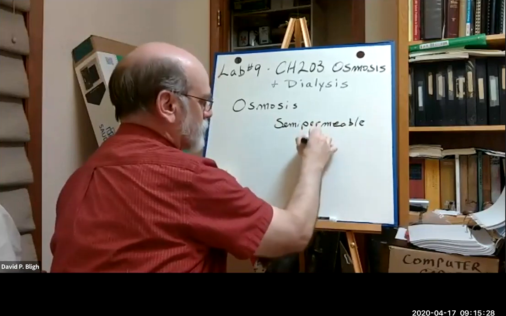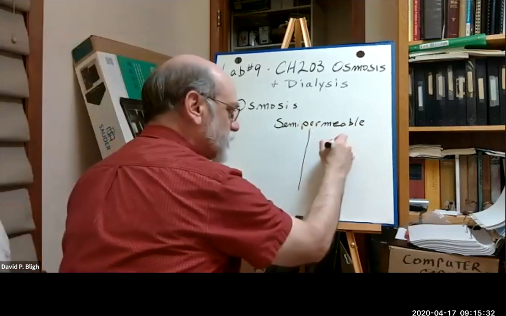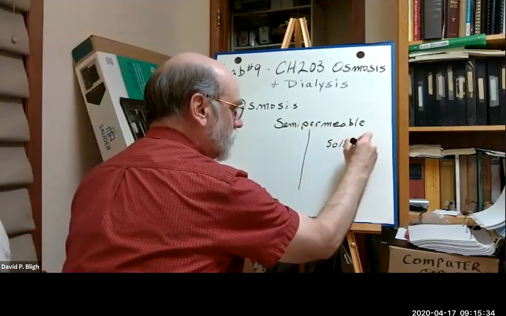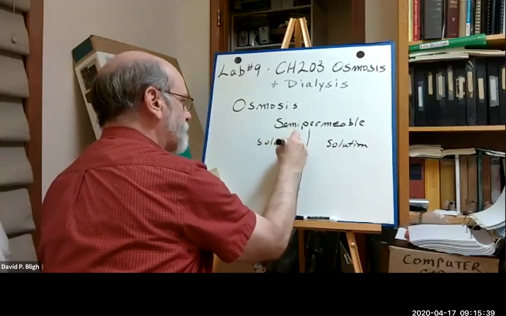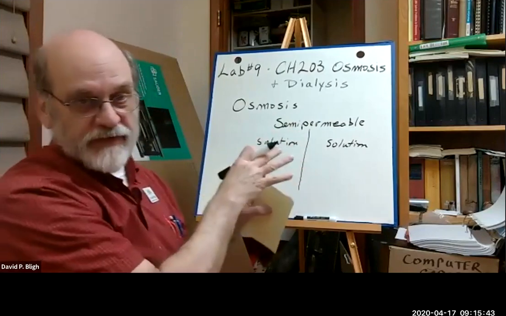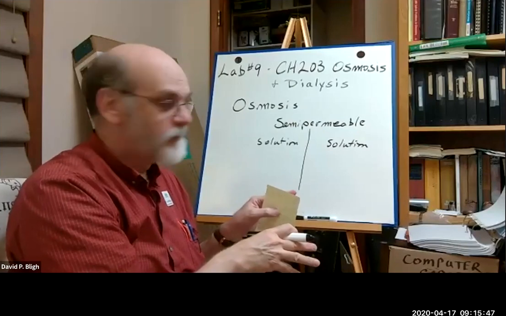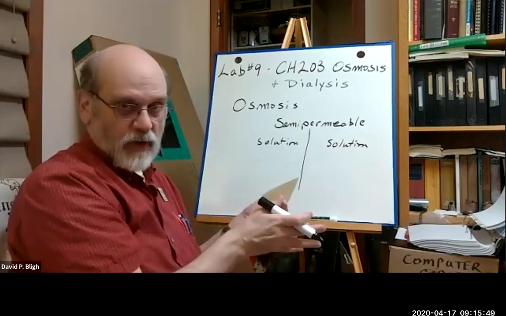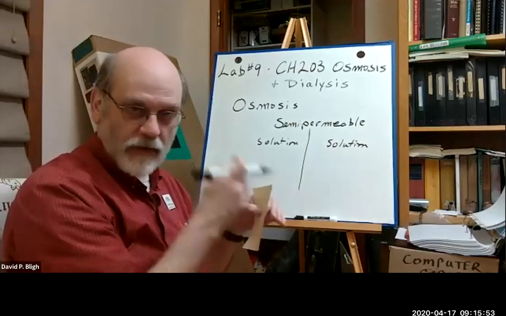On one side you have a solution, and on the other side you have a solution. Now the nature of this membrane is such that the only thing that can pass through it is water, or any molecules that are smaller than water.